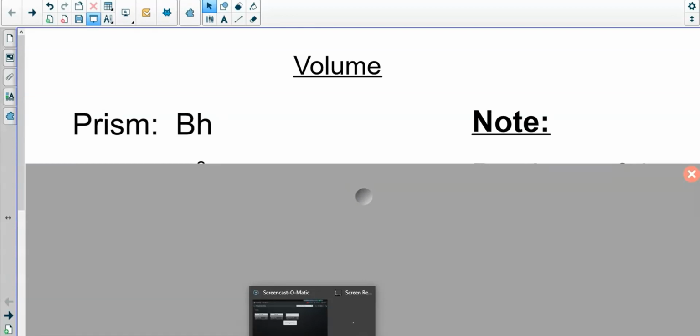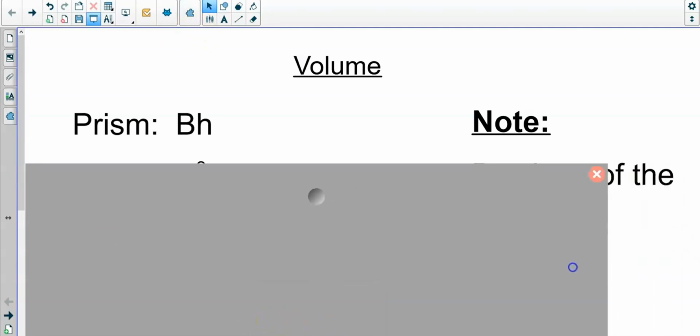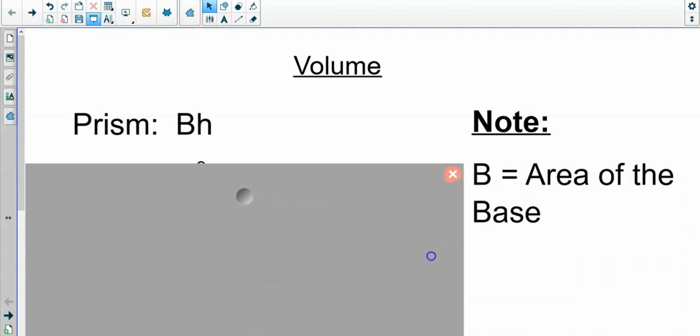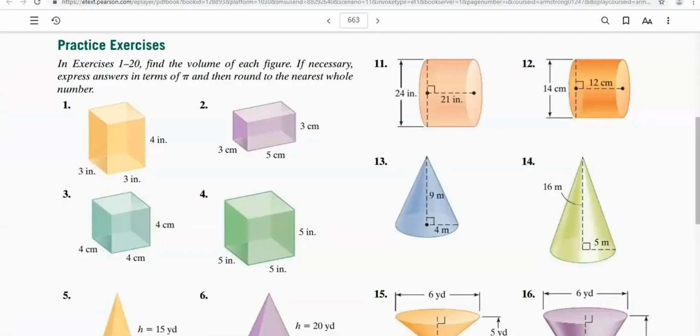Okay? What big B represents, I believe I had this over here in the notes. Big B represents the area of the base. All prisms have a base shape. So if we go back and take a look at these guys again, in this picture, the base shape is this guy down there around the bottom, which is 3 by 3.